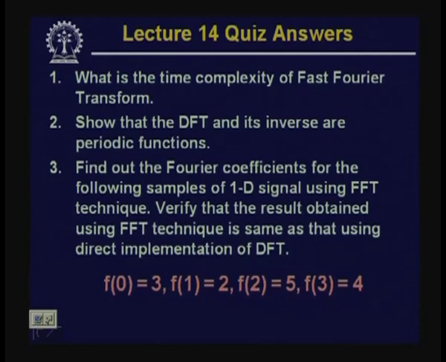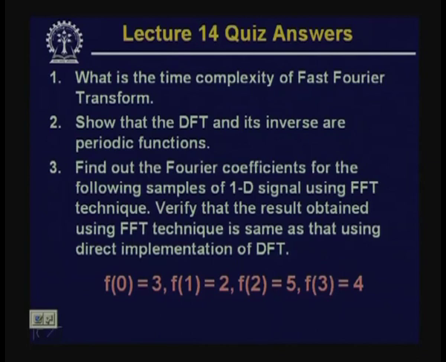The second question: show that DFT and its inverse are periodic functions. Here the periodicity is capital N. In the expression, if you replace u by u plus capital N or v by v plus capital N, you will get back the same expression, which means that the DFT as well as the inverse DFT are periodic with a periodicity of capital N.